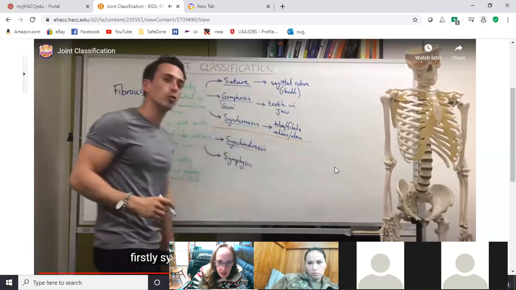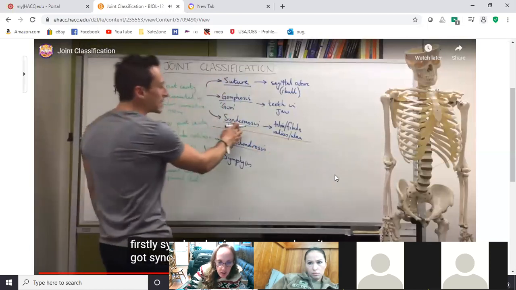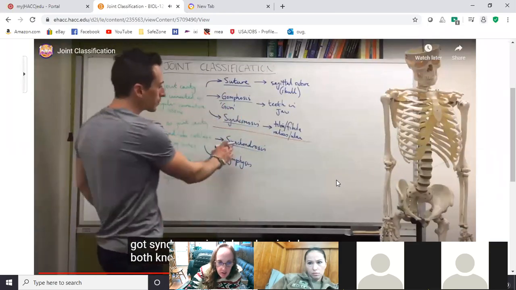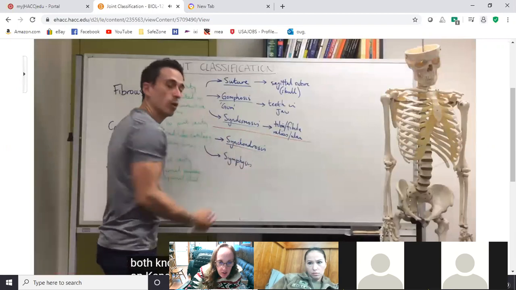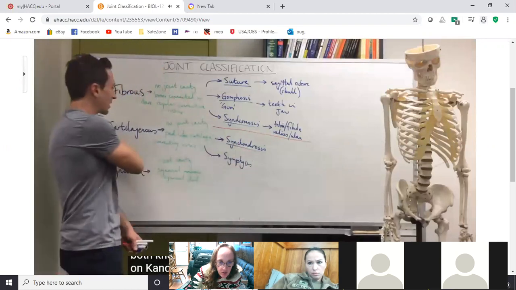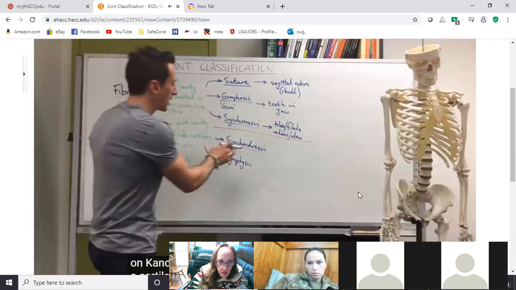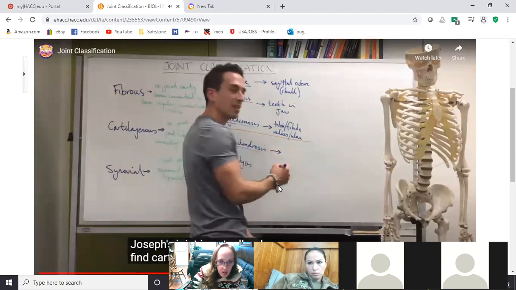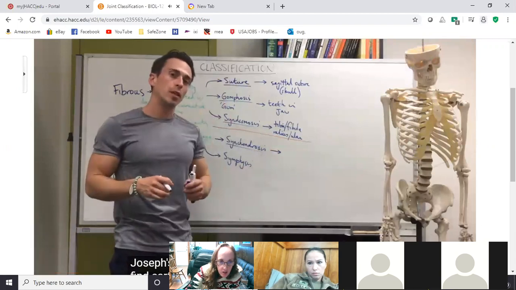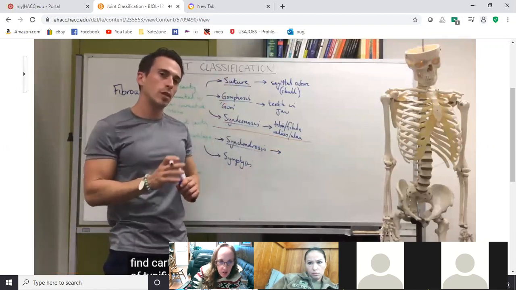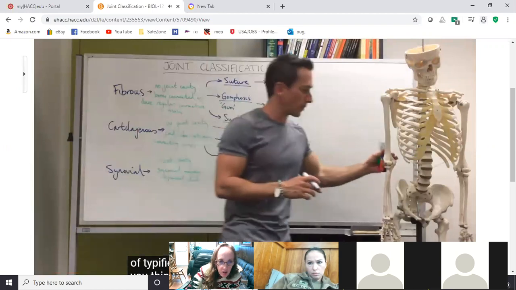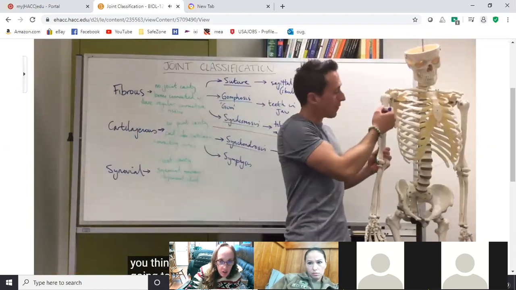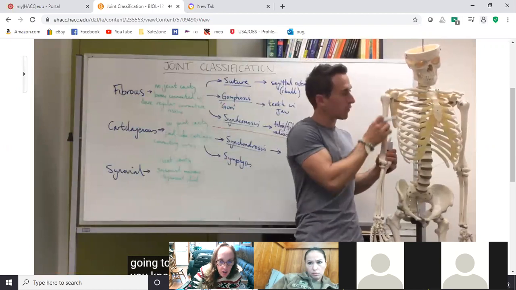Firstly, synchondrosis. You remember, so you've got syndesmosis, synchondrosis. How are you supposed to know which one goes where? Well, chondrosis is going to be part of the cartilaginous, which means a synchondrosis joint is actually where you find cartilage within bone. The type of place you find cartilage within bone is, if you think of the long bones, you're going to have what we call a diaphysis. The diaphysis is the shaft of a long bone.